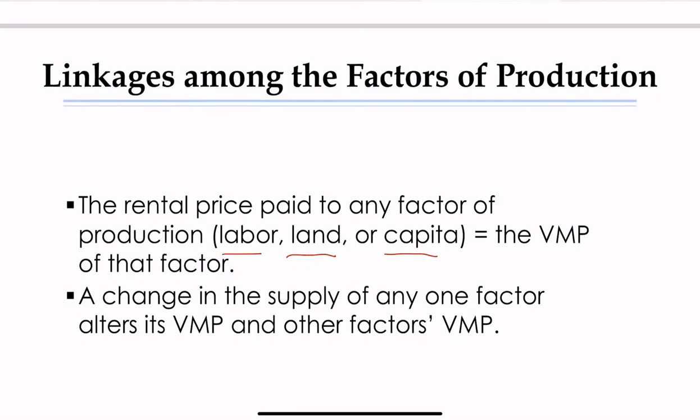And then a related interesting result is that a change in the supply of any one factor will change its own value of marginal product and other factors' value of marginal product. So we have learned about this, right?